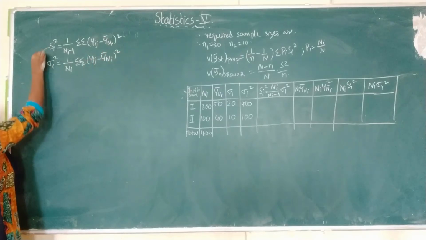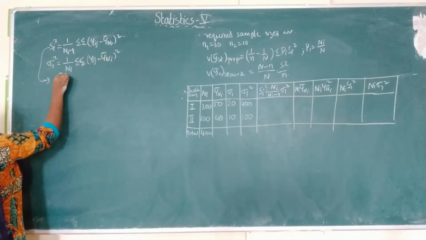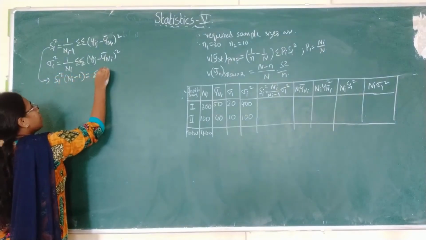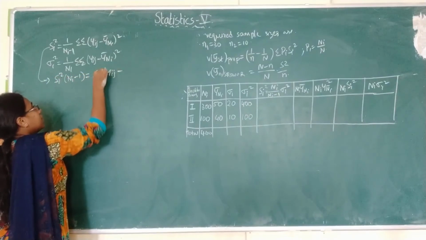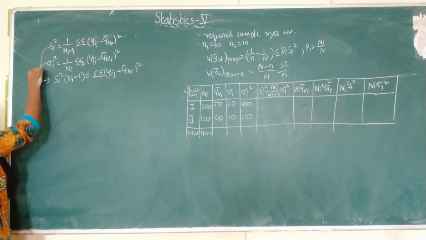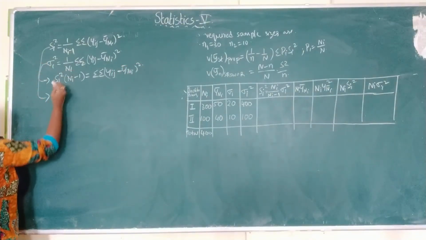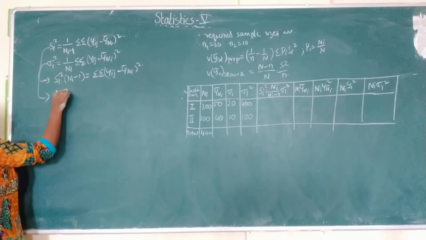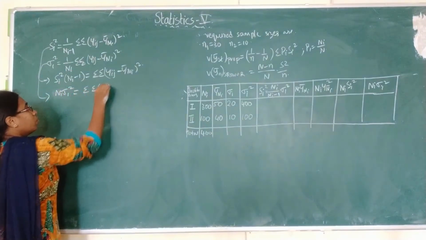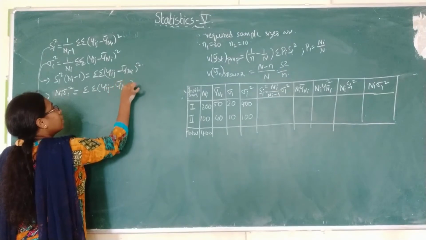From these equations I can write Si square into Ni minus 1 equals double summation Yij minus Yni bar whole square, and Ni into sigma i square equals double summation Yij minus Yni bar whole square.